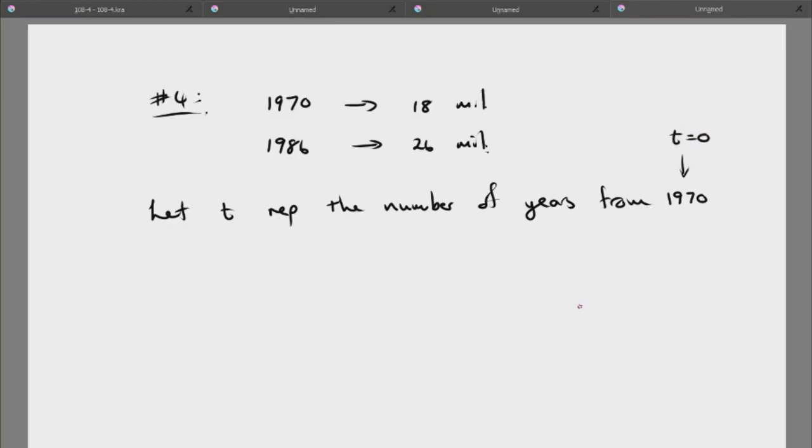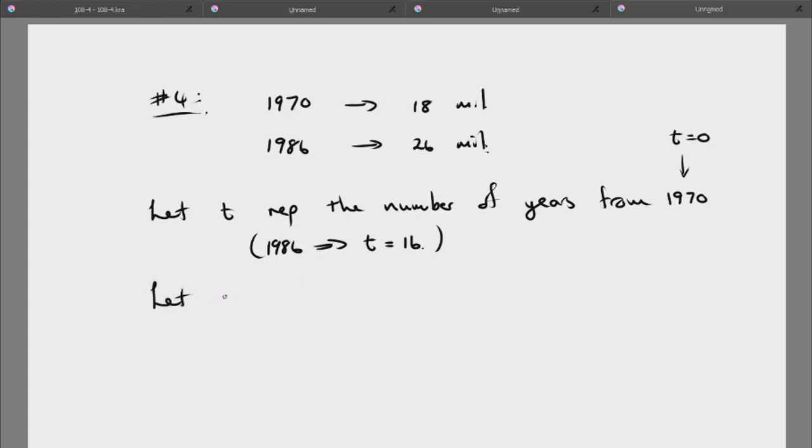Because I'm only using it to predict the future, I don't really care about the actual 1970. That's often just making my function look a little nicer. So then here, for example, 1986 would correspond to t equal to 16. Making the t values a little nicer.